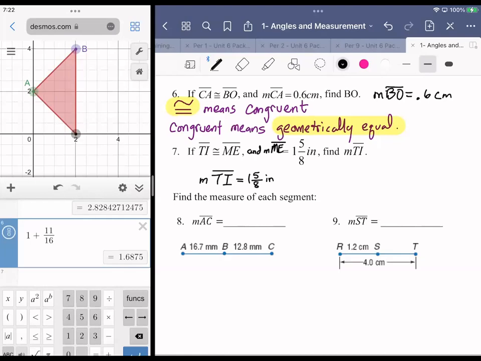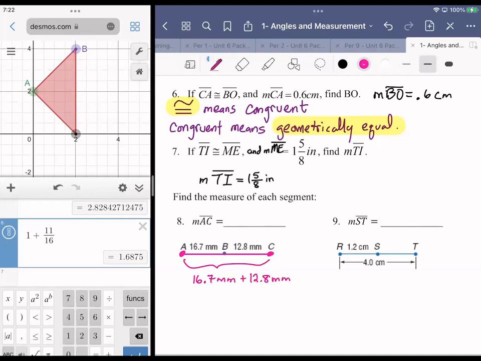Right? So, for example, the measure of the segment AC is telling us to go from A to C all the way. Okay. So what does that mean? It's telling us if I want to go this entire distance, I'm going to have to take the 16.7 millimeters and add to it the 12.8 millimeters.